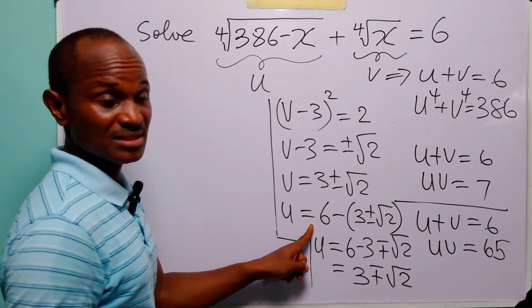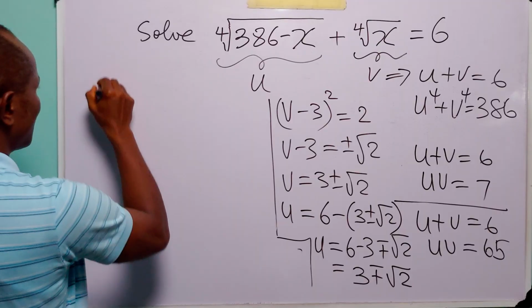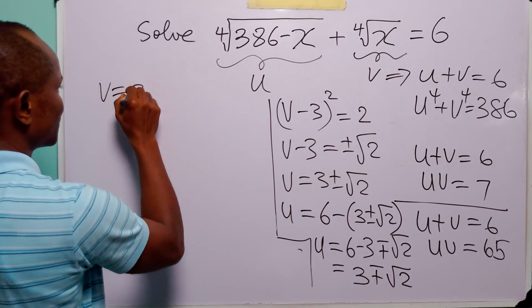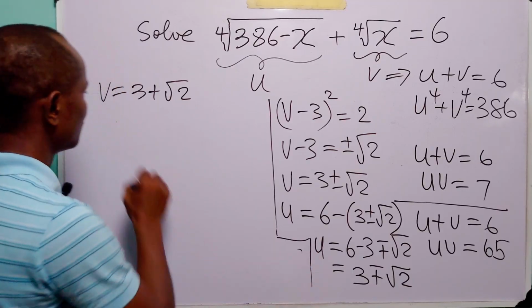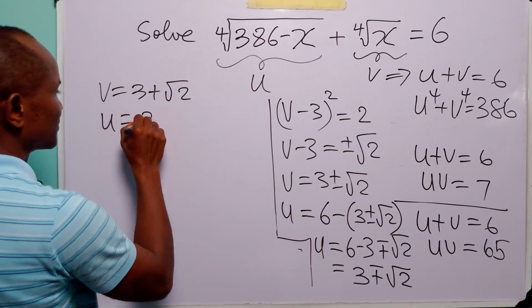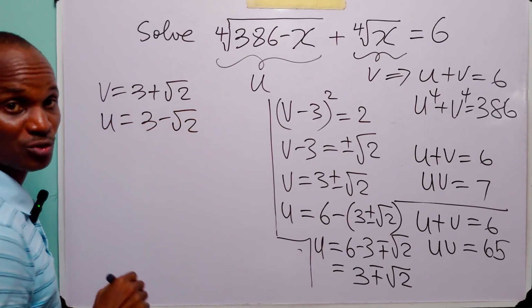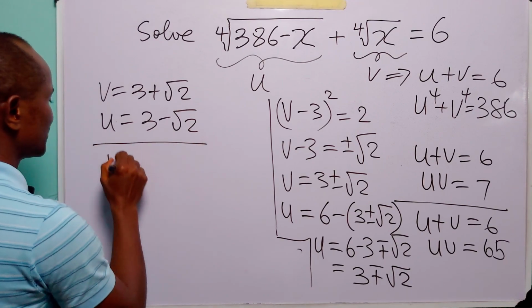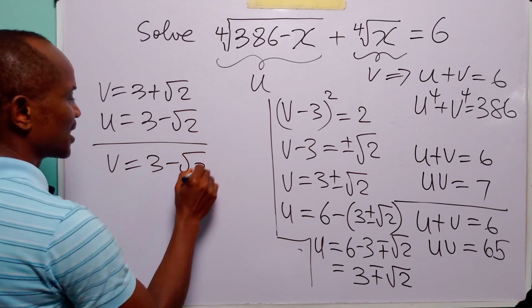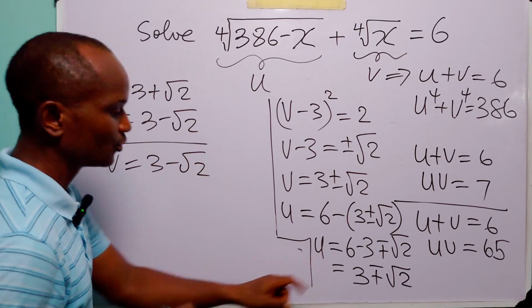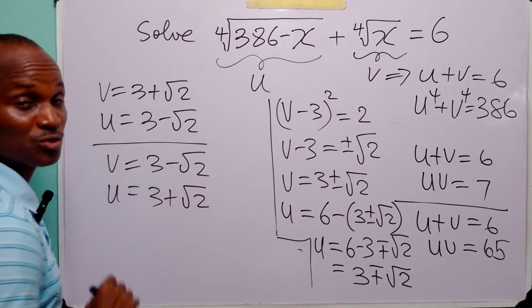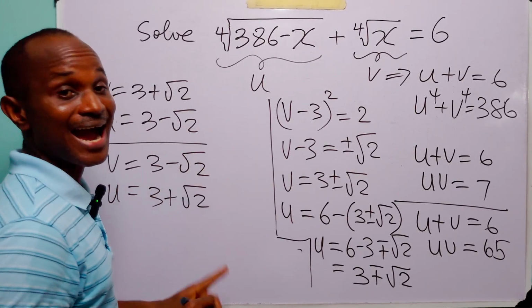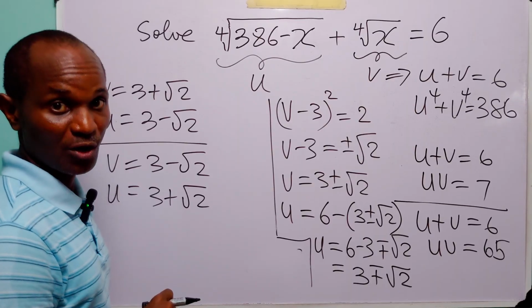Now, what this means is that when v = 3 + √2, u = 3 - √2. And when v = 3 - √2, u = 3 + √2. The two points are a reflection of each other.